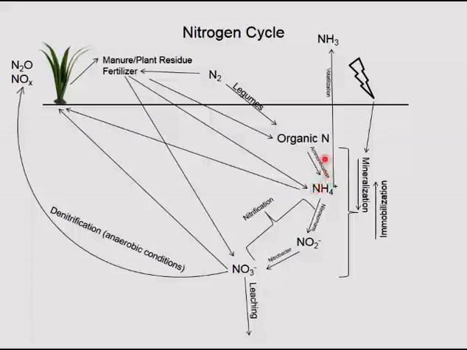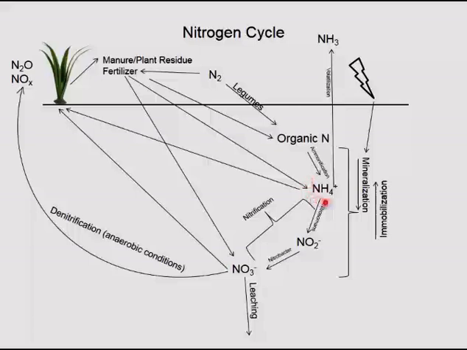And this is done by the microorganisms in the soil. What those microorganisms do is they munch on this organic N, and after they've munched on it, they excrete it, and in that process they create this ammonium. The next step is actually a two-part process.